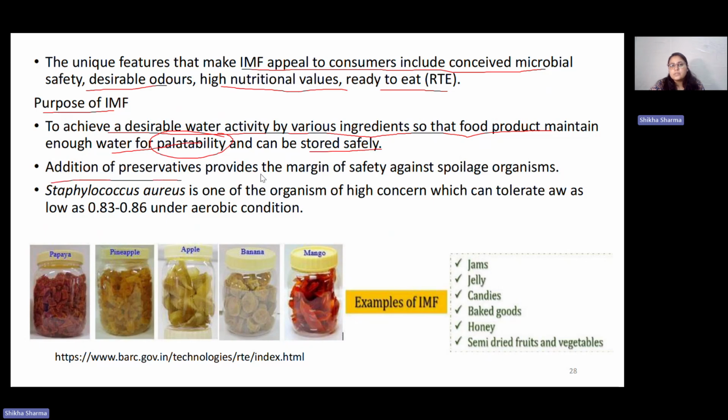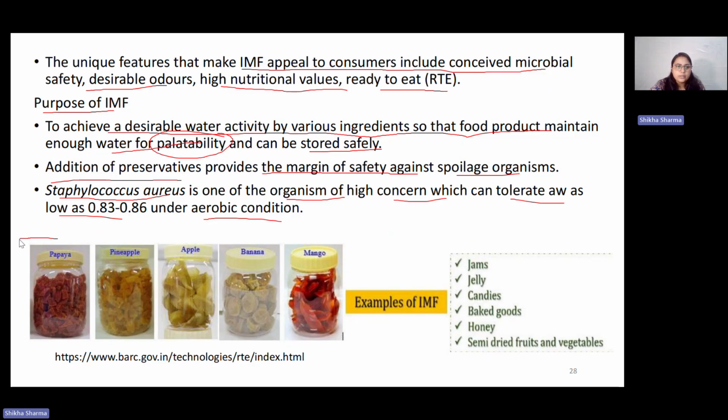Addition of preservatives provides a margin of safety against spoilage organisms. Staphylococcus aureus is one of the microorganisms of high concern, which can tolerate water activity as low as 0.83 to 0.86 under anaerobic conditions. So we can sometimes apply chemical preservatives in IMFs so that these kinds of microorganisms can be avoided.